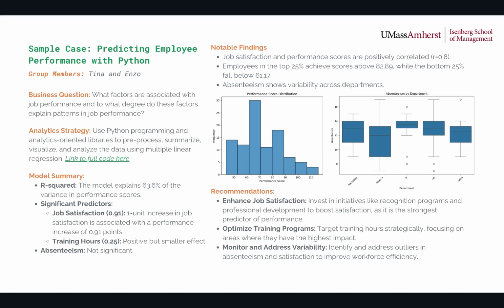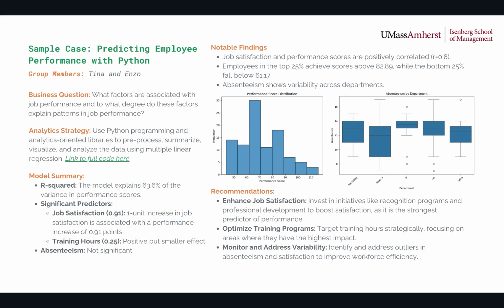And it's coming from over here. So job satisfaction was identified as a significant predictor of job performance. And this is an interpretation of the slope of a multiple regression line. And it is accurately interpreted and then translated into a business recommendation. So that's the kind of thing you want to be able to do with your project summary.